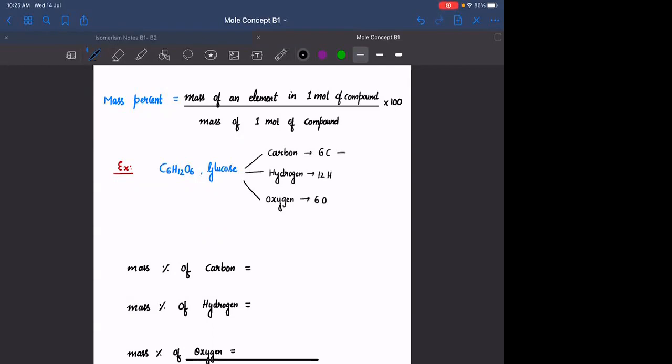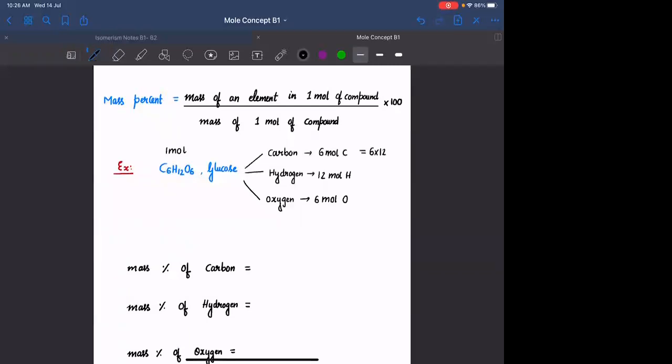If I take 1 mole of C6H12O6, what are the number of carbon atoms? You will be having 6 moles of carbon atoms. Similarly, you have 12 moles of hydrogen atoms, and you have 6 moles of oxygen atoms. Agreed? इनका mass कितना होगा?